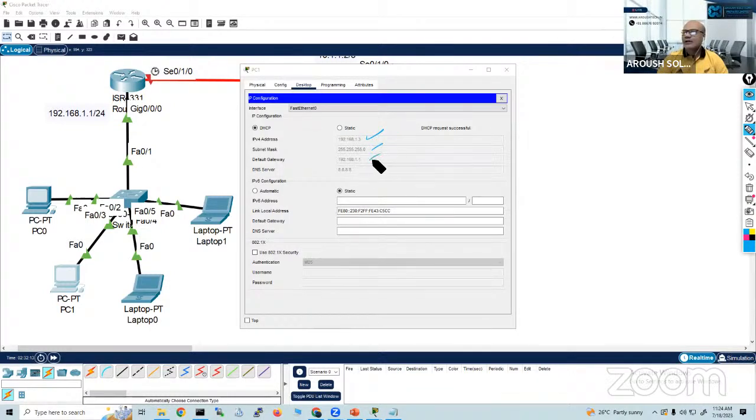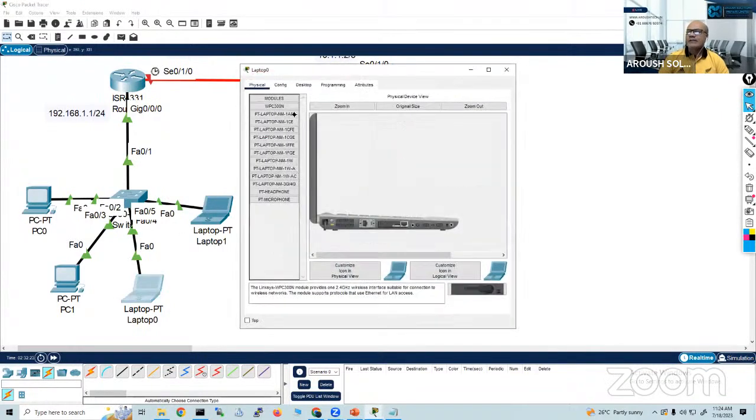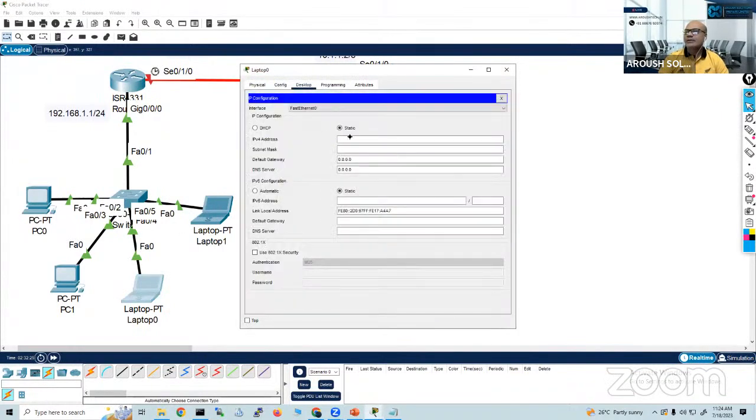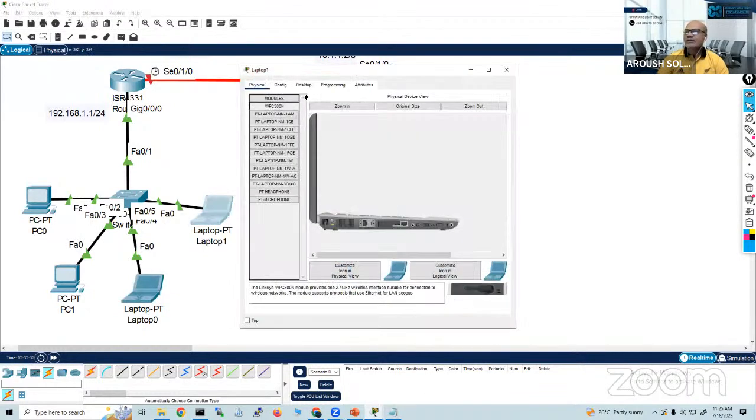And see, default gateway 1.1 and DNS server 8.8.8.8. Fine. Same thing for this laptop. Go to desktop IP, select DHCP. It's calculating, 1.4. And same thing for this as well.